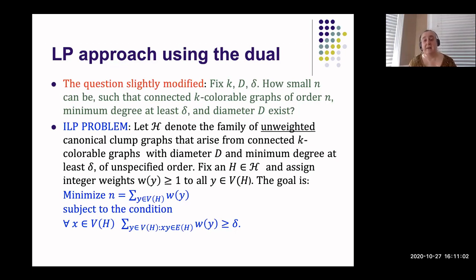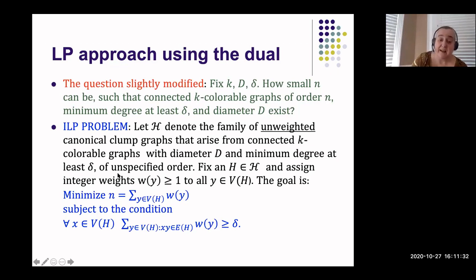You take the family of unweighted canonical clump graphs that arise from these guys. So forget about the weighting, but take everything that can possibly come from these graphs. And you want to figure out what's the minimum weighting that you can put on this, where the weighting is integer weights. Every vertex in the clump graph gets a positive weight because I want to know how many vertices are in that thing and something needs to be there.